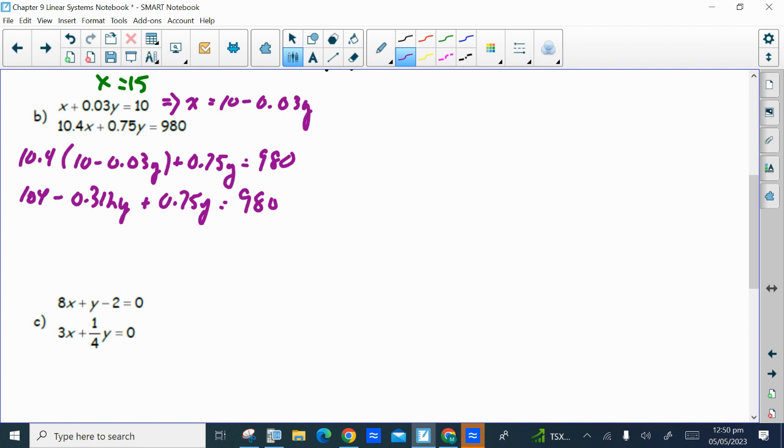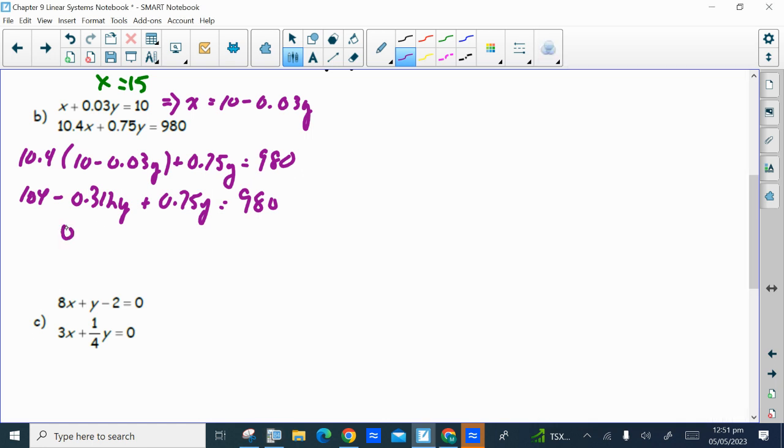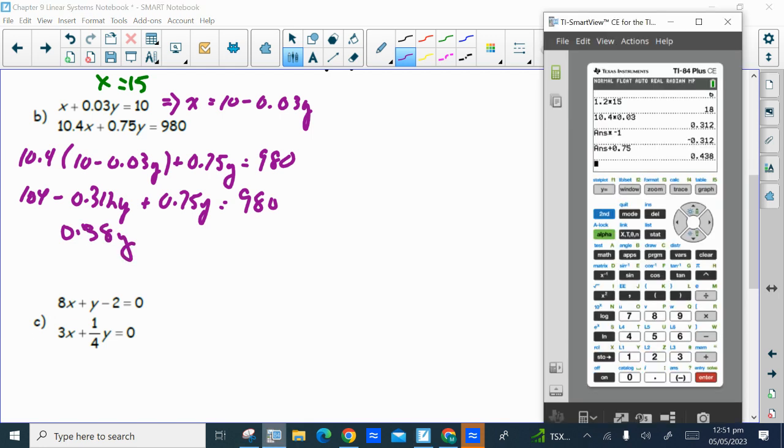If we combine those two y terms, I've already got the 0.312, which is negative. So let's just multiply by -1 right now. That'll make it negative, because you have to add it to 0.75y. It gives us 0.438y, excuse me.